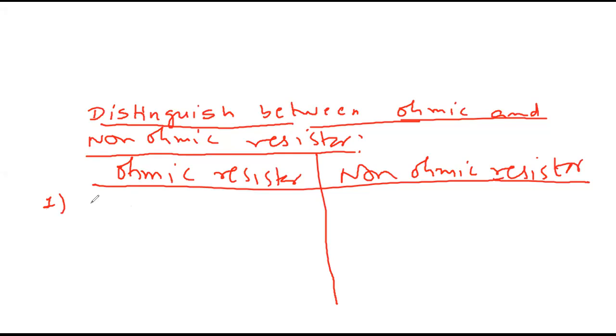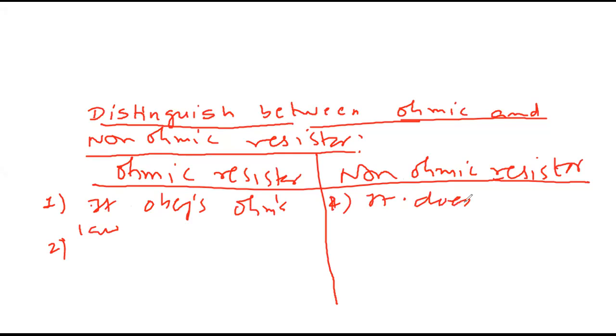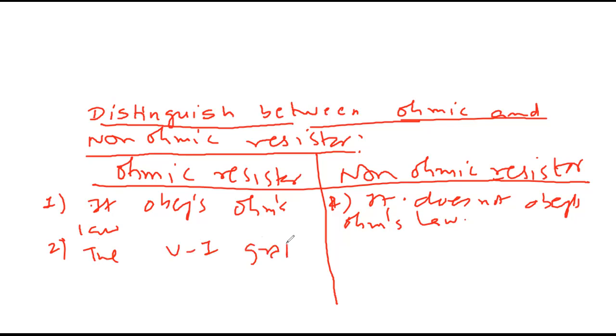Ohmic resistor: it obeys Ohm's law. Here you will write: it does not obey Ohm's law. Second point: the VI graph is a straight line passing through origin.